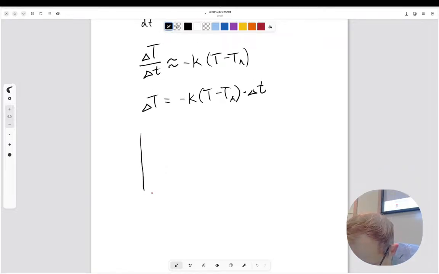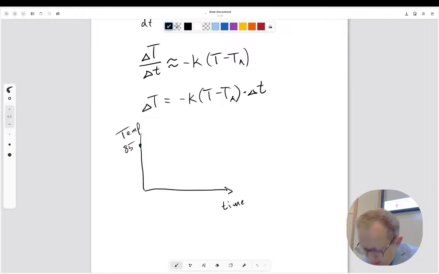So now, if I say here's time, temp, my initial temperature is 85, then the next temperature is, I'll call it one third, (T minus 65). So 85 minus 65 is 20.